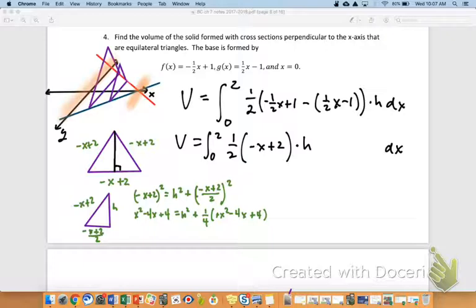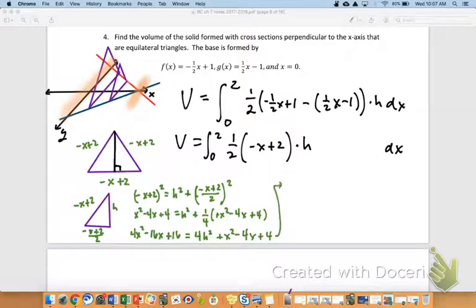You could clear out that fourth by multiplying everything through by 4. So that would give you 4x squared minus 16x plus 16 equals 4h squared plus x squared minus 4x plus 4. Now we'd get some cancelings and various other pieces coming into play.